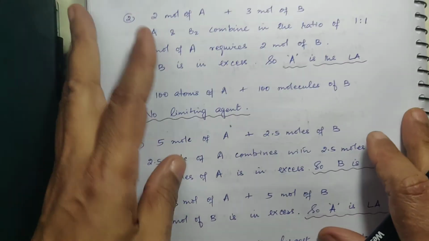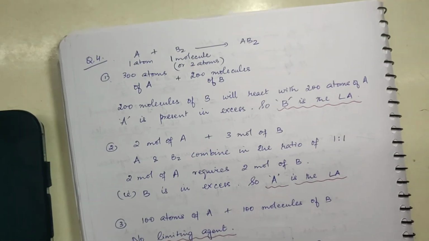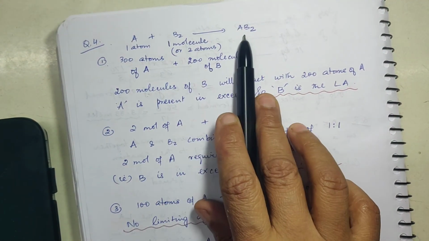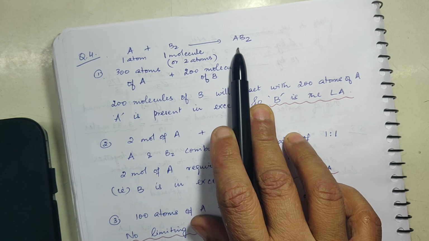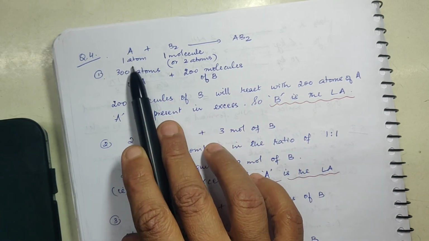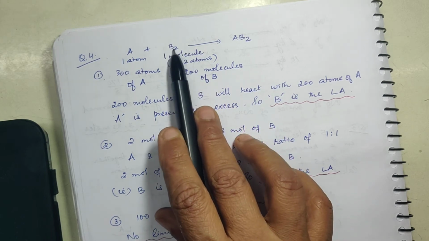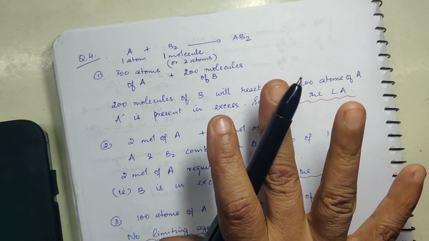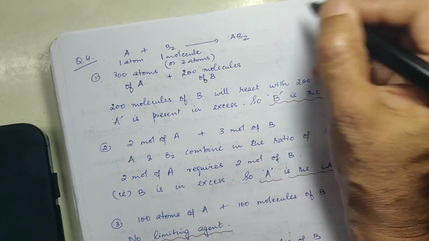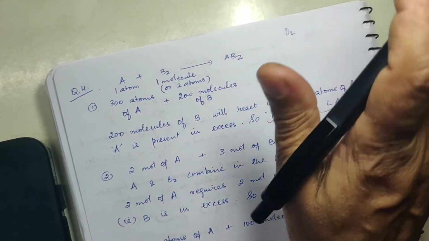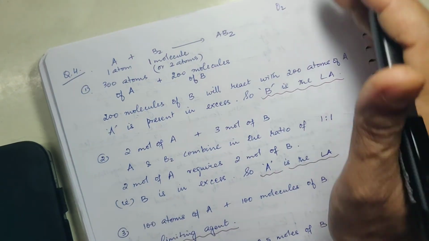Then there is another NCERT question, your exercise question. A plus B2 gives AB2. Now this is one atom, this is one molecule of B. See, when you write it as B2, you call it B only. Like if I say oxygen, I write it as O2, but I say only oxygen.